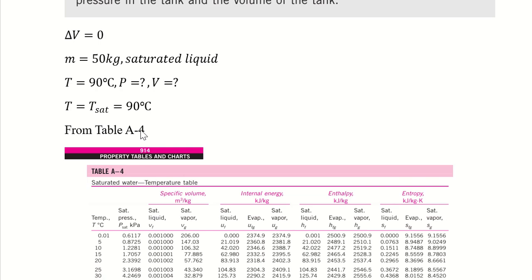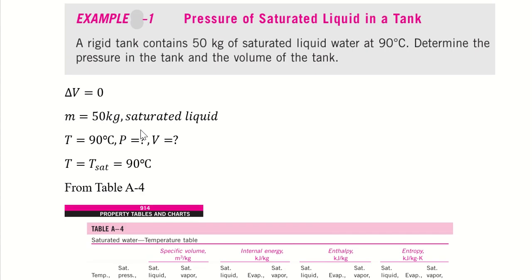Now the wise question is, the property tables and charts go from A1 up to A23 or so. How am I going to know the right table to use? Well, the most correct answer is that it's specified by the properties being talked about in the question.